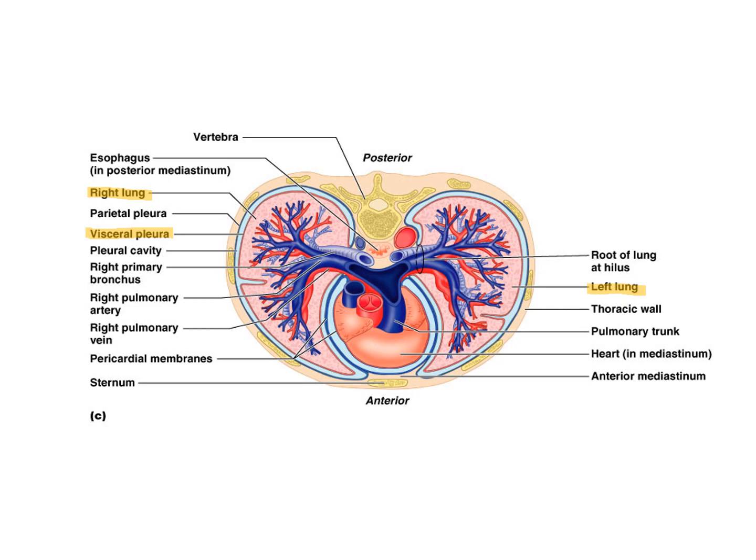And then you have the parietal pleura, or parietal pleural membrane, which covers the wall of the thoracic cavity on each side. They're completely separate from each other. So you have a visceral pleura on the organ and a parietal pleura on the wall of the cavity.